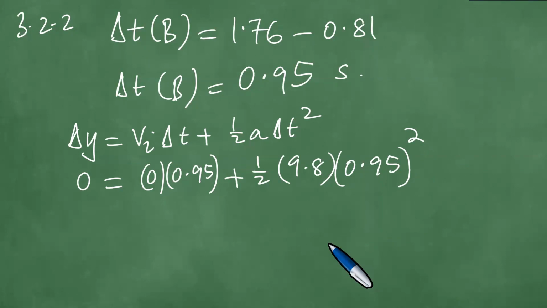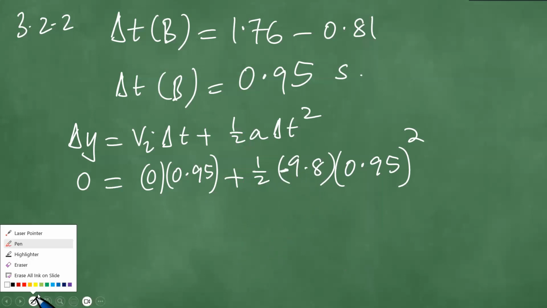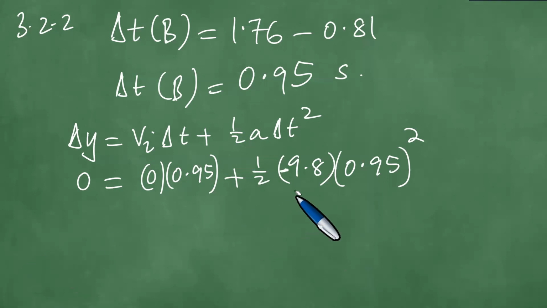We chose upward as positive, and therefore B is going to go up and then come back down again. Its initial velocity is what we want.